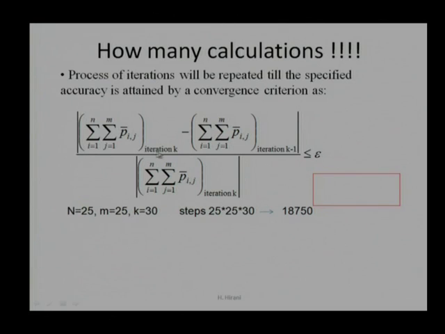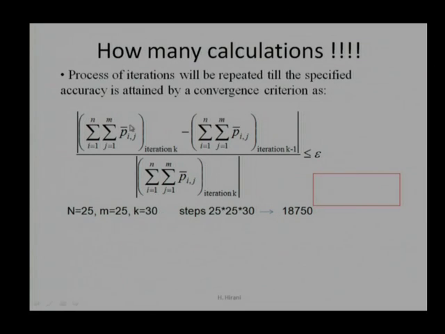We say that at any iteration k, we take the summation of pressures, or non-dimensional pressures, for all the nodes, where i varies in x direction from 1 to n, while j in z direction varies from 1 to m. This is not case sensitive, it can be capital N or small n.